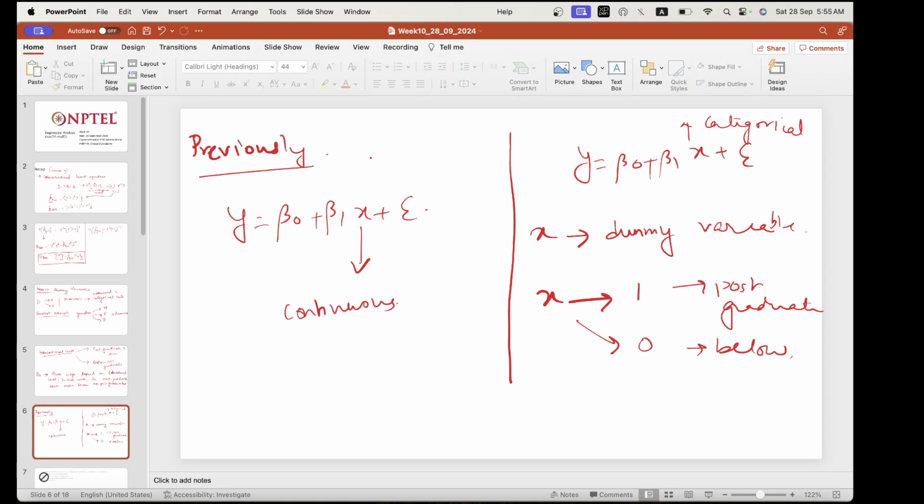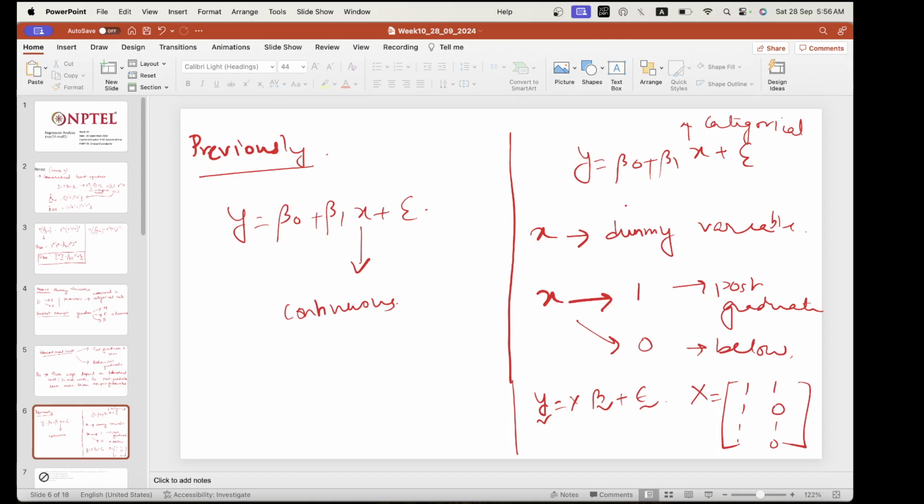Alright, then all we need to do is that in this model matrix, that is y equal to x beta plus epsilon, this x matrix will be 1 1 1 1, and whichever ith individual is postgraduate, that will be 1 and others will be 0. And then once the model matrix is ready, we can just go ahead, use this in our equation and get values of beta naught and beta 1.